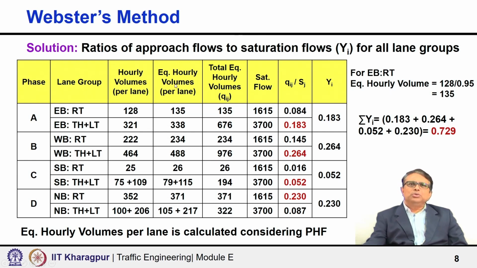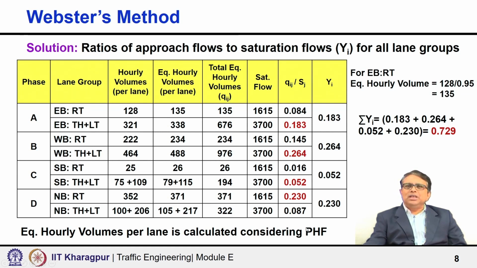Then what we are trying to get in the next column is the equivalent hourly volume. What is the difference between the hourly volume and equivalent hourly volume? In the equivalent hourly volume, we have considered the peak hour factor.